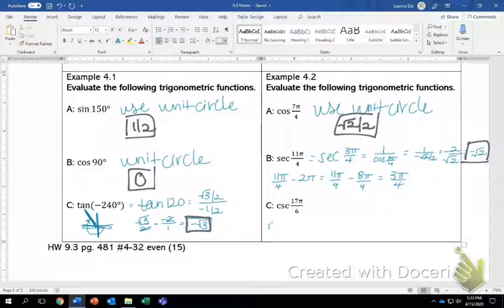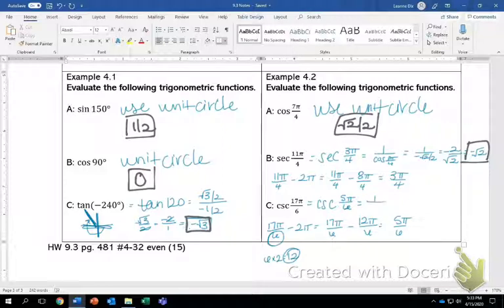So I know that I need to subtract 2 pi from 17 pi over 6. That's one rotation. So I can rewrite that 2 pi as 12 pi over 6, and 17 minus 12 gives me 5 pi over 6, so I can rewrite this as cosecant 5 pi over 6.